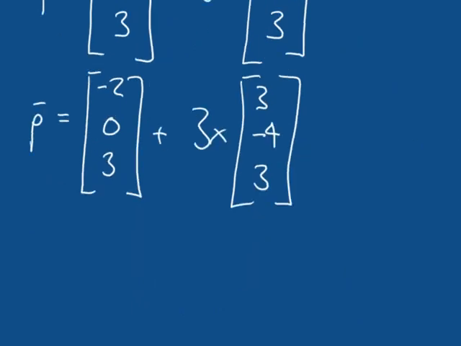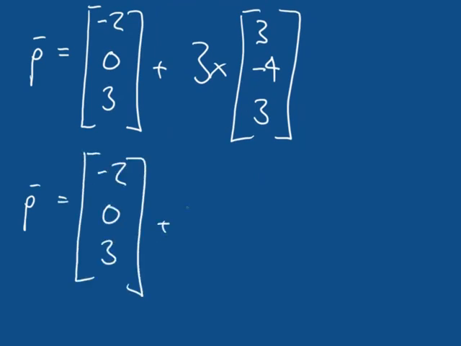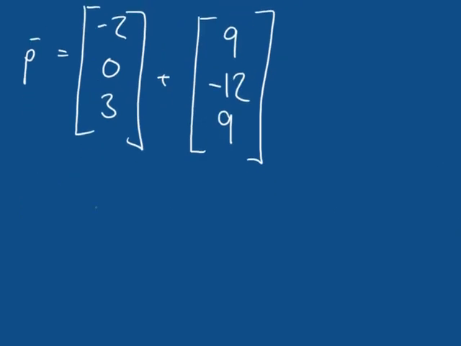If we evaluate that, we get P equal to (-2, 0, 3) plus 3 times 3 is 9, 3 times minus 4 is minus 12, and 3 times 3 is 9. Evaluating that, P is equal to minus 2 plus 9 is positive 7, 0 plus minus 12 is negative 12, and 3 plus 9 is positive 12.